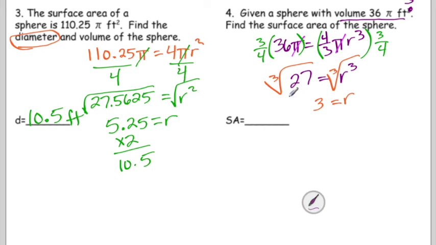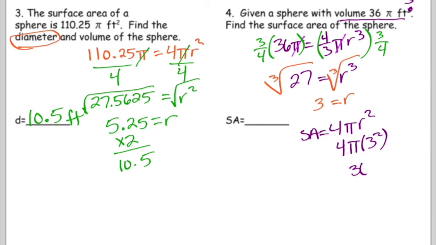But that's not the answer to the question. The question wanted you to find the surface area, which is 4 pi r squared. So you're going to do 4 pi times 3 squared. So it's going to be 9 times 4, 36 pi. So the answer is 36 pi, and it is feet squared for that one.